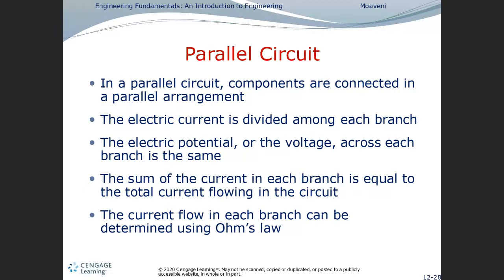So where I showed you R1 and R4, that was like one branch. Then you had R2, and then R3, and I believe R4? Can't remember.